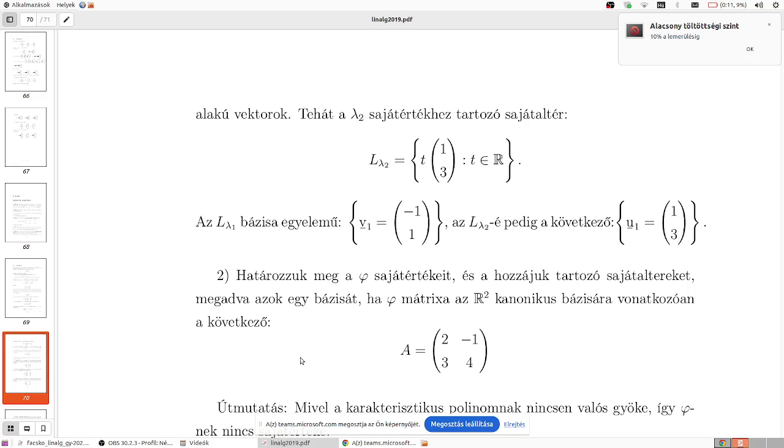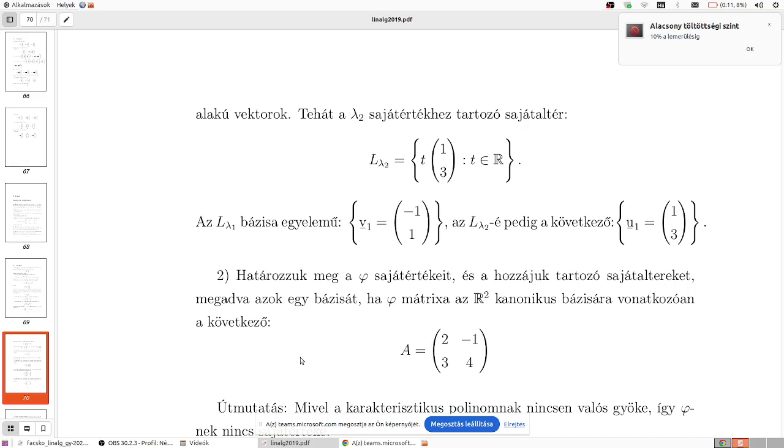So the subspace lambda 2 will be this, quite general again.